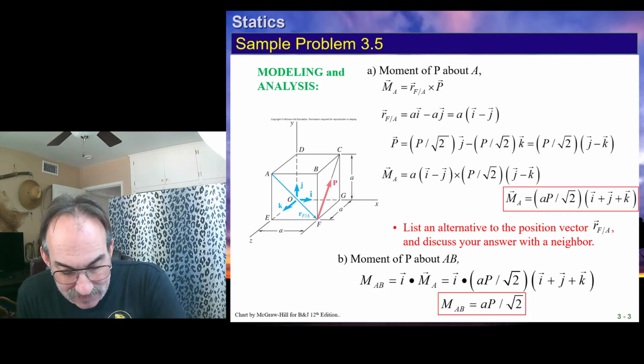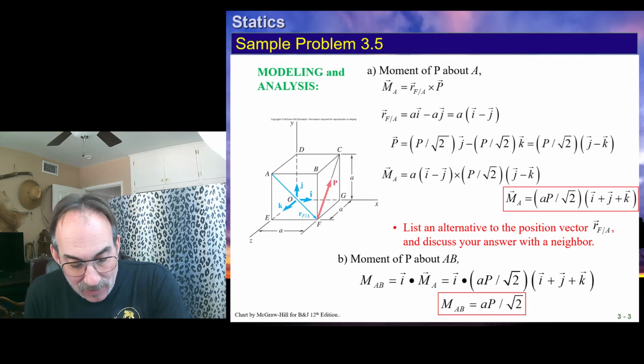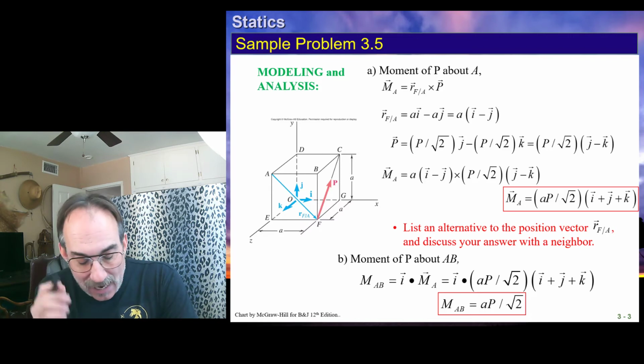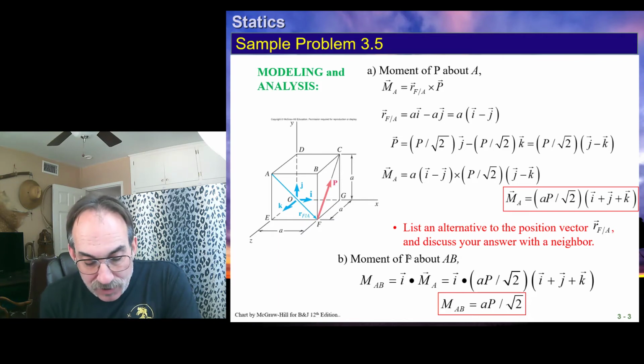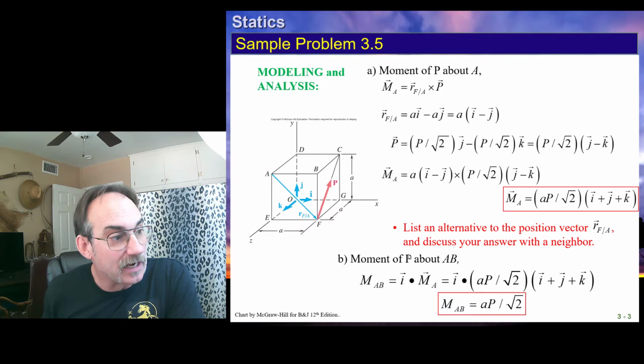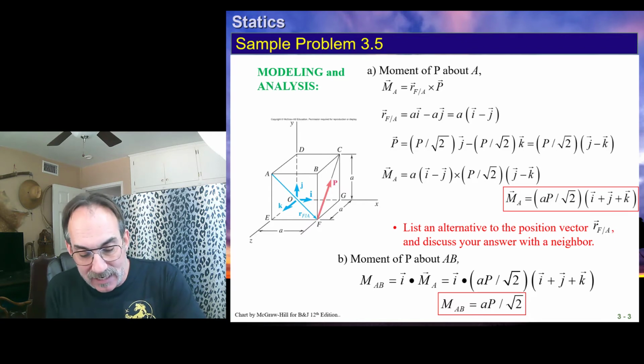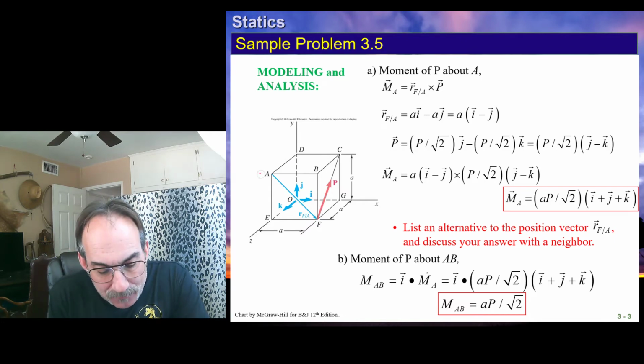Now since we want the moment of P about AB, what that means is we're going to get the projection of the moment that P causes with AB. So to solve this, we're focused on getting the projection around this line segment AB.